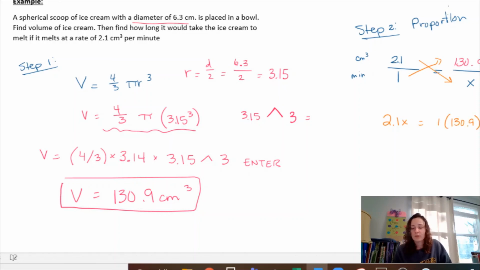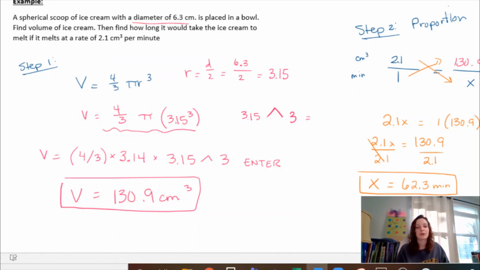Divide both sides by 2.1. So that way when you solve for x, you should come up with 62.3 minutes. So if there's 60 minutes in an hour, it will take approximately an hour for your ice cream to melt.